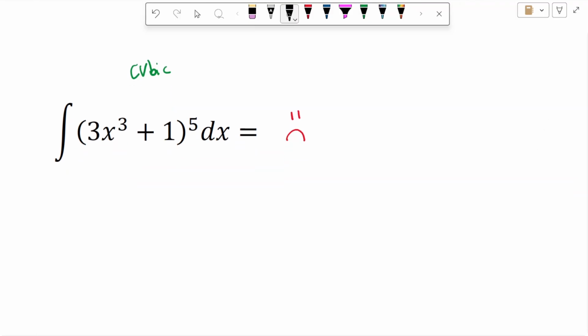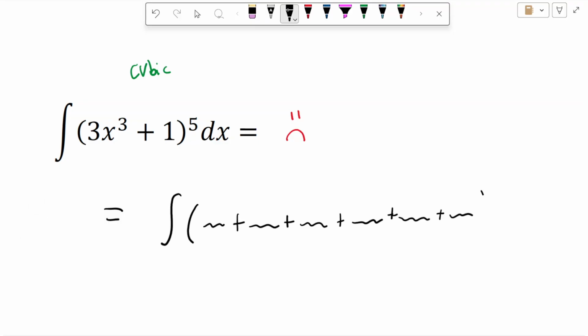The actual way to do this integral would be to expand it out. So you're going to get like 6 terms using like the big Pascal's triangle super duper expansion, and then integrate it term by term. Now, I'm not going to put you through that in this video. So there's no shortcut to that one.